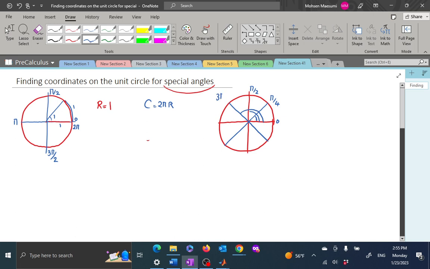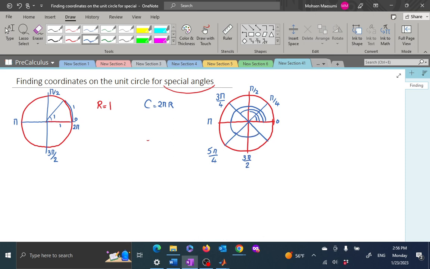Well, 3 pi over 4, it doesn't simplify like that. If I go all the way here, of course it's going to be 4 pi over 4, which we just write as pi. If I continue all the way here, it's going to be 5 pi over 4. 6 pi over 4, we simplify as 3 pi over 2.